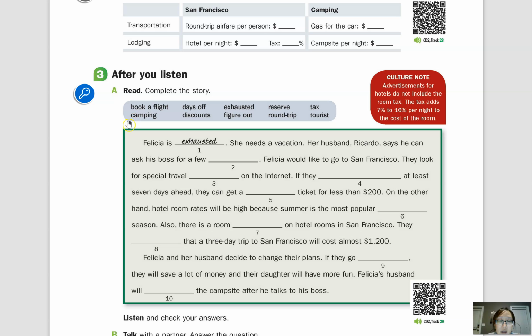Okay, and then days off. So when we are talking about days off, we are always talking about work. Time away from work. If you get days off, then that means that you get those days away from work.